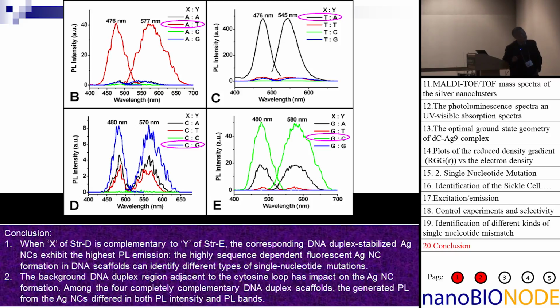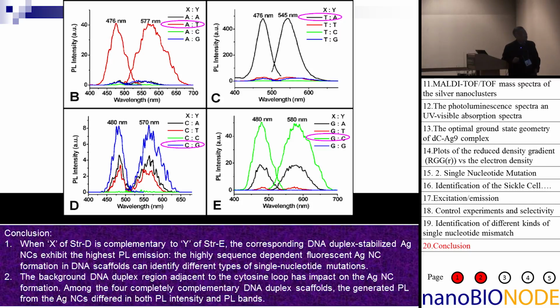And if X is T, Y is A, TA, we get this significant signal remarkably. And if X is G, GC, this is also significant. So it can differentiate the AT or TC pairs.